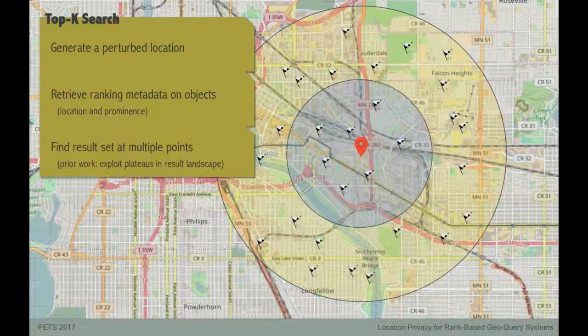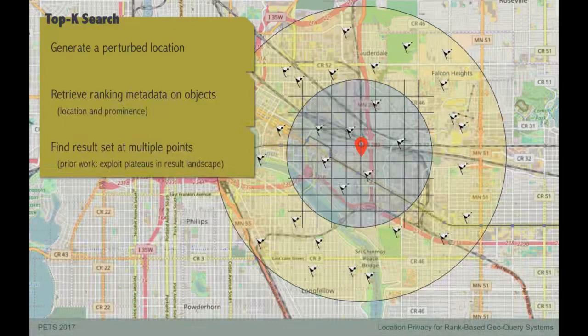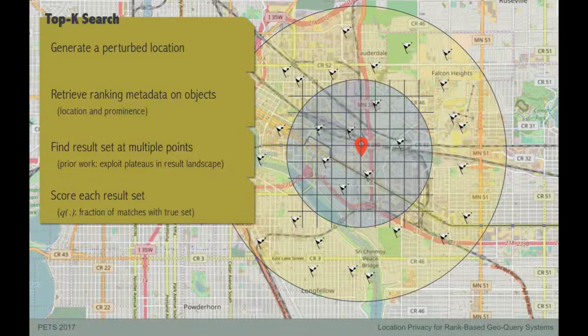Then you move ahead and do a computation on the top K results at multiple points within a certain area surrounding your perturbed point. Then you assign a score based on how much similarity there is between a point and the true result set. So you do a set intersection and look at the overlap.